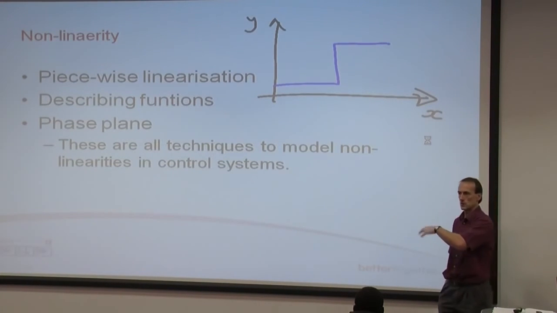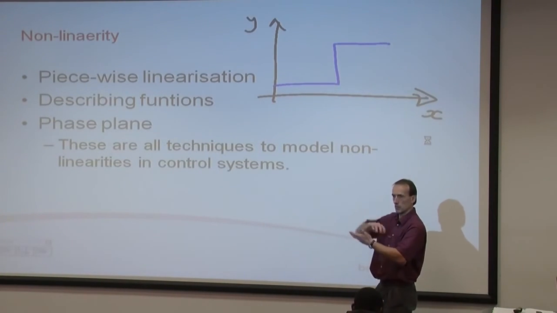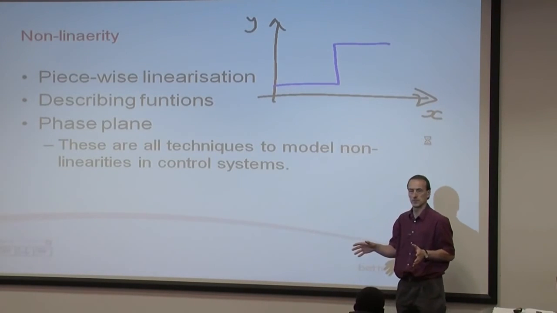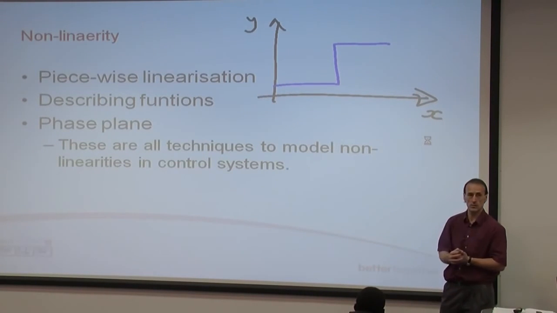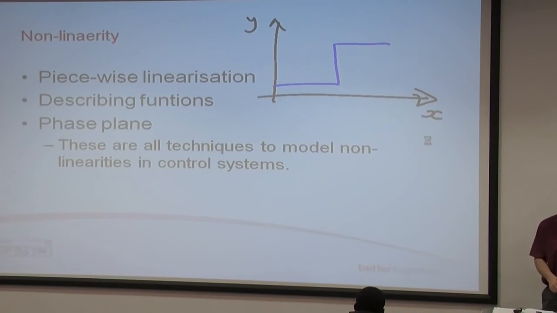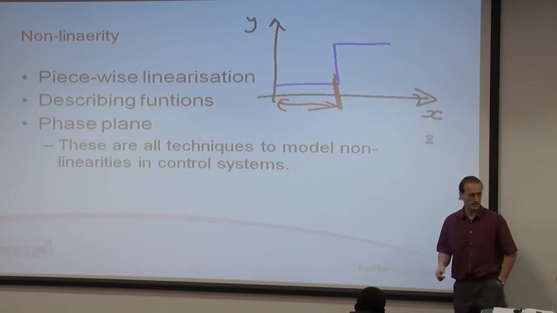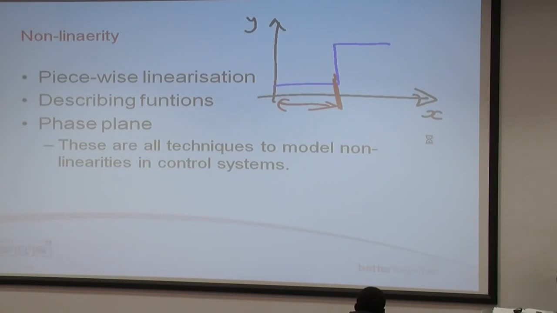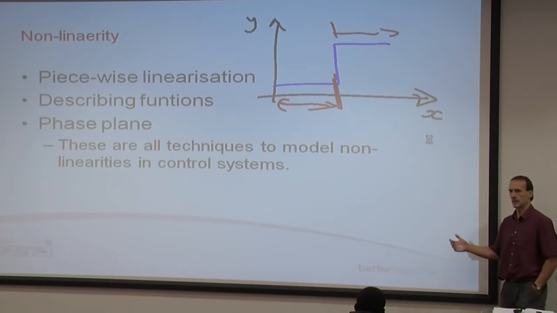The one I just drew then was a continuous nonlinearity. It was curved. This one I would call discontinuous because it's basically got step changes in it. It's got corners in it. So what you've got here is a situation where in x values up to there, it behaves in a particular linear sort of way. And in x values up there, it behaves in a different linear sort of way.